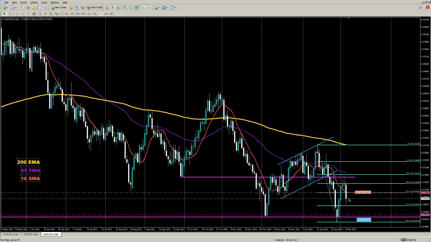The Bank of England has already done that, and the FOMC, the Federal Reserve, is likely going to do that in March, followed by the ECB, and then the RBA. So the Aussie dollar is going to lag behind.